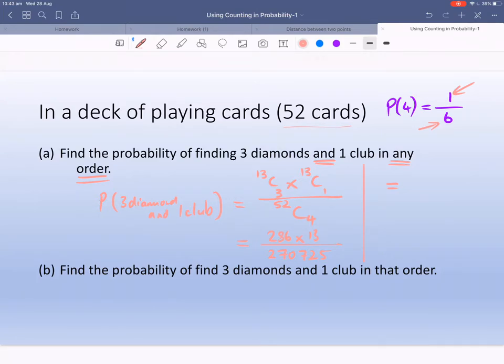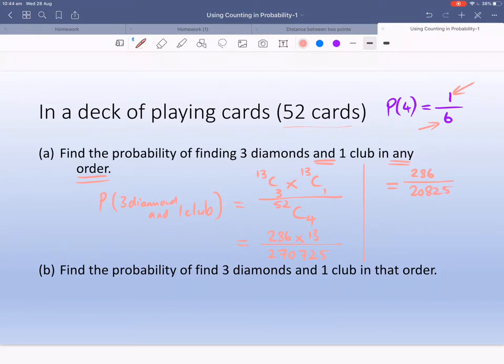So I'm going to do that right now. 286 times 13 all over 270,725. Okay, so the probability of all this happening is quite a unique sort of fraction, and here it is. Okay, so the probability of this happening.